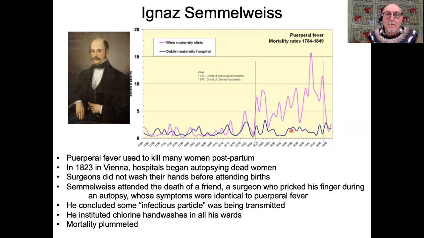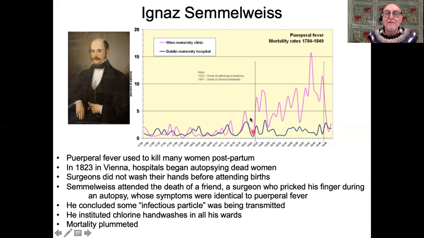That's point number one. Here's the hospital where Ignaz Semmelweis worked. These are their rates of puerperal sepsis. You see this line here. Up until that line, the rates of sepsis in the Austrian hospital were much the same as those in the Dublin hospital.